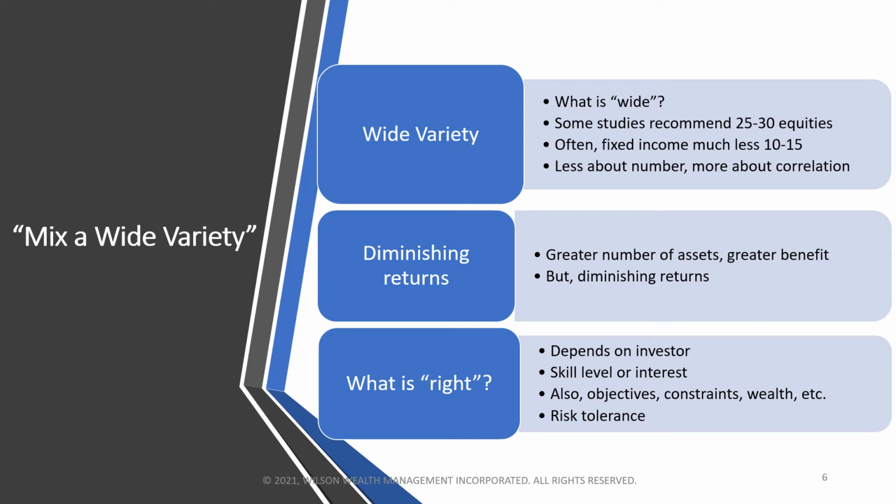The other point is the diminishing returns. The greater the number of assets, yeah, the greater the benefit, but it's diminishing returns. If I have Exxon and I add the gold fund at 0.002, that's substantial risk reduction for my portfolio.